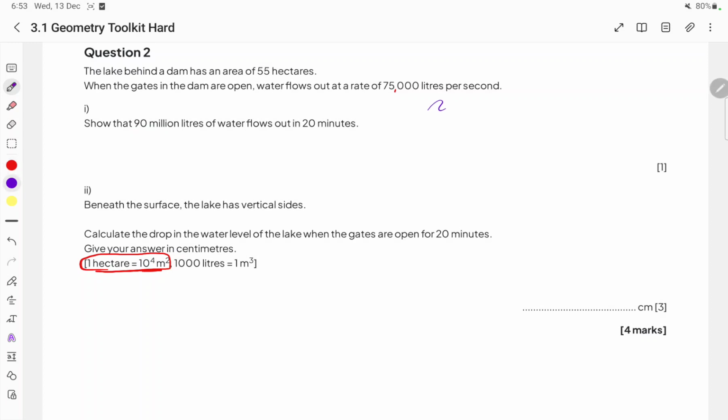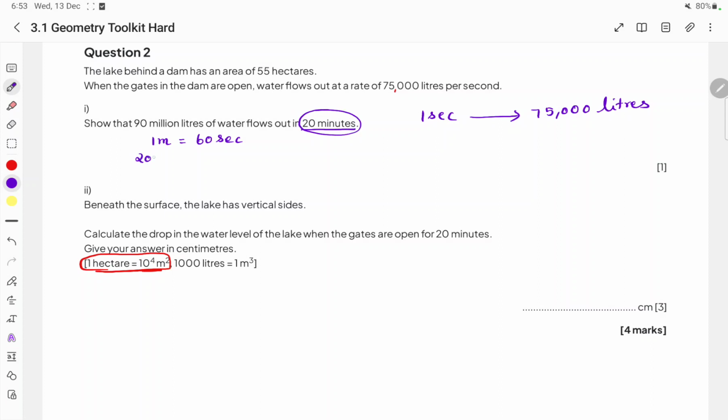See here, in 1 second 75,000 liters of water is coming, which means in 20 minutes, how many seconds we have, that we have to calculate. And we know 1 minute is equal to 60 seconds, and here we have 20 minutes. So in 20 minutes how many seconds will be there?